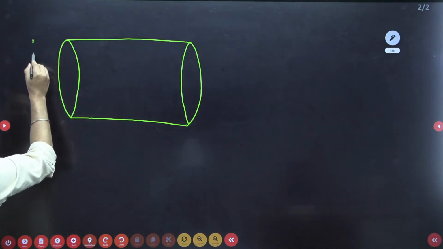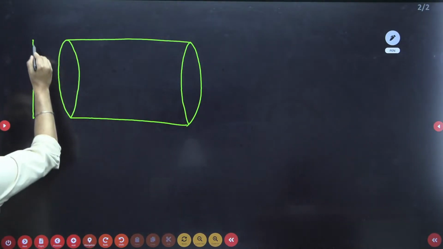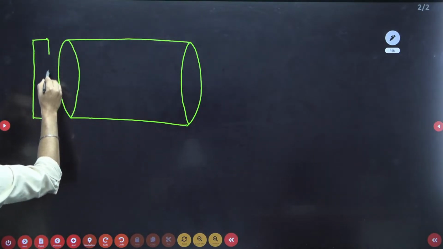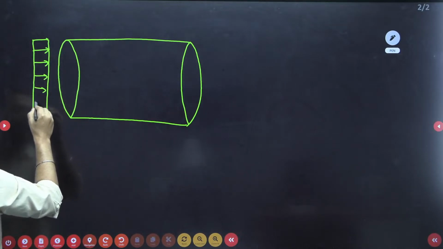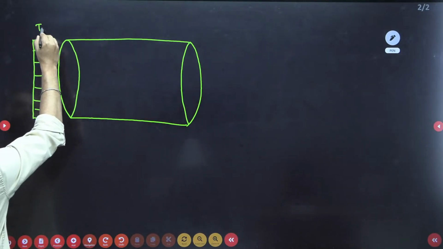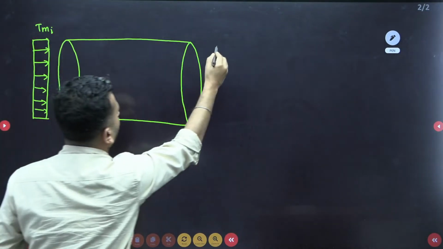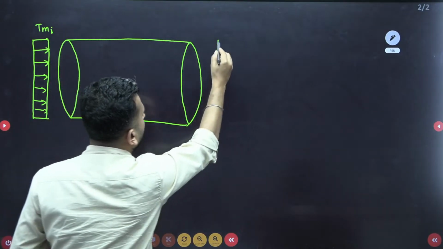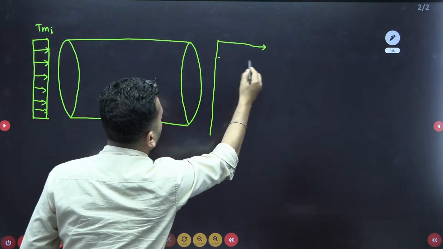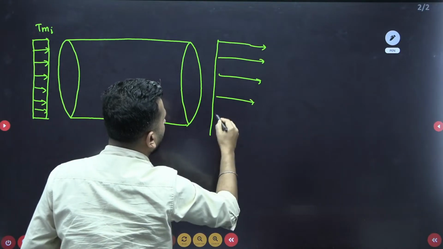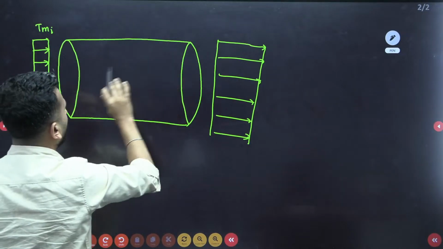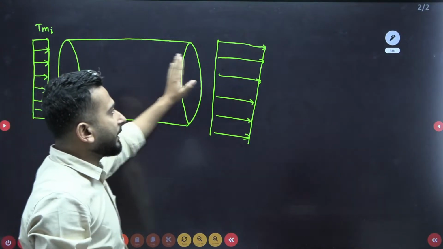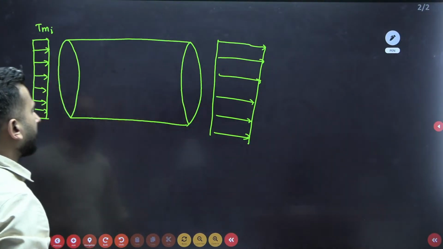Now at the inlet, no issue is there, because I can consider all the temperatures at all the planes to be the mean temperature. So I can say mean temperature at inlet. At the exit also, no contact with the surface is there. So I can say that it is the mean temperature at outlet. Something like this. Why have I shown it with increased length? Because the temperature has increased.